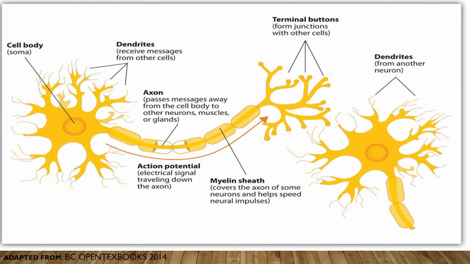Okay, so let's look at types of neurons. They carry impulses. Let's start with the sensory neurons. The sensory neurons carry impulses from the organs, glands, or body to the brain, while the motor neurons carry impulses from the CNS to the muscles and glands.